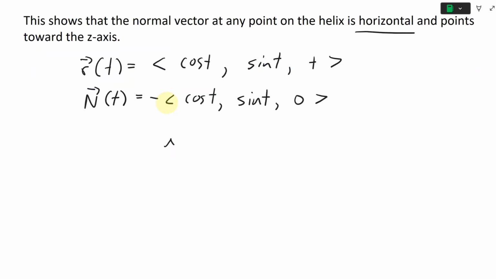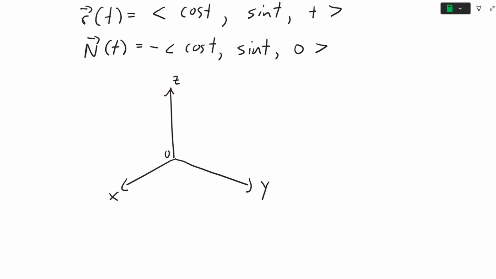If we were to graph this out quickly here, since the calculus book doesn't explain why, I'm doing it myself. If this is the origin, this is the z-axis. Let's say we had a point at a distance on the x-axis of cosine t, and the y component is here, sine t. I'm only looking at a horizontal plane at the bottom there.